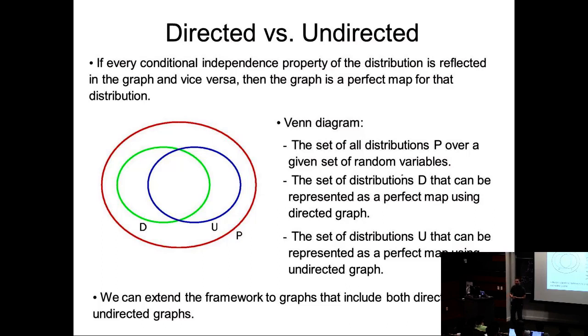Okay, so for the next chunk of the class, we're going to look at undirected graphs like restricted Boltzmann machines and deep Boltzmann machines. These are instances of undirected graphs, and then we're going to transition to directed graphs, which are the instances of something called Helmholtz machines, as well as variational autoencoders, and generally, generative adversarial networks.